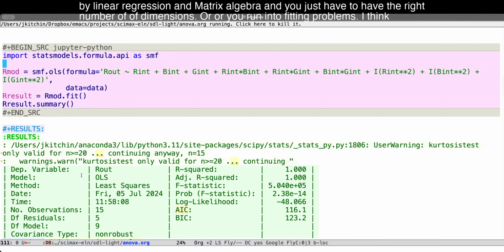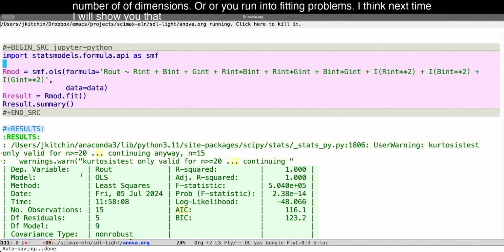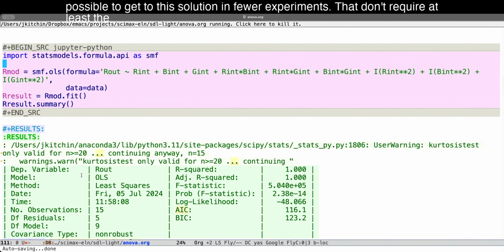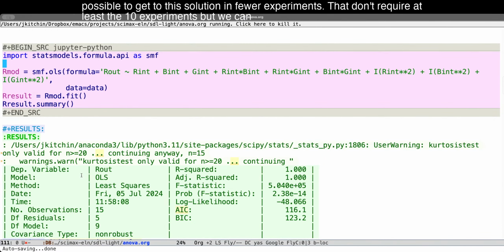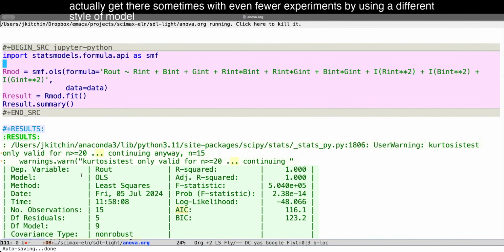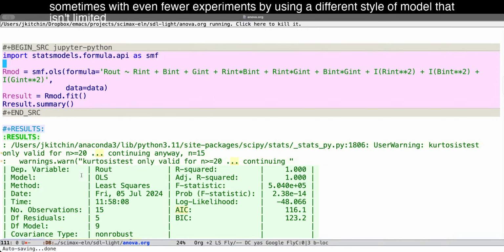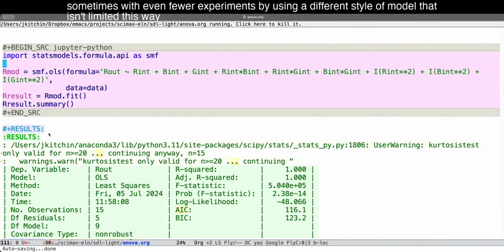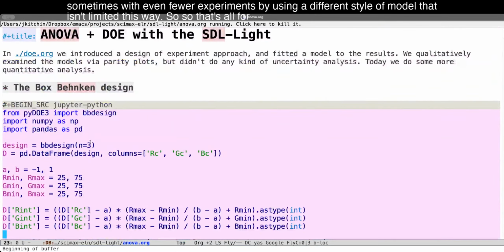I think next time I will show you that it's possible to get to this solution in fewer experiments, that don't require at least the 10 experiments, by using a different style of model that isn't limited this way. So that's all for today.